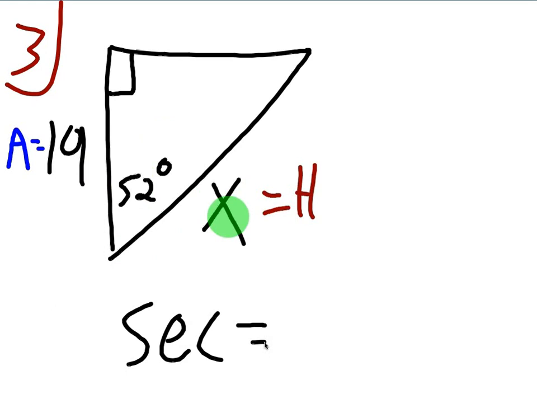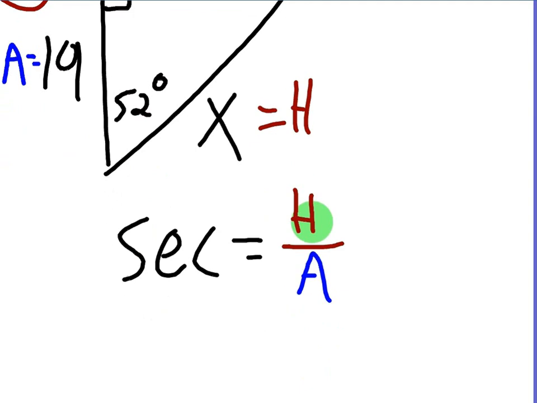Secant is, instead of A over H, it's H over A. Okay, that way, when I plug in X, it's on the top. Okay, and it'll work out just like before we were doing the other examples.